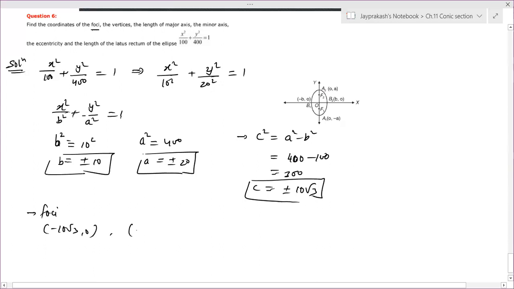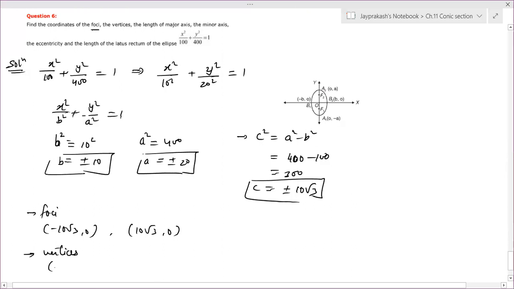Now the vertex is the end point of the major axis. Here the major axis is the y-axis, so our vertices will be 0 comma a, that is 0 comma 20 and 0 comma minus 20.